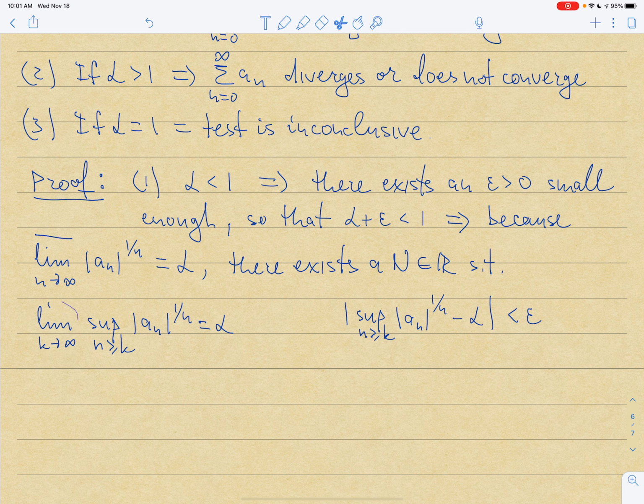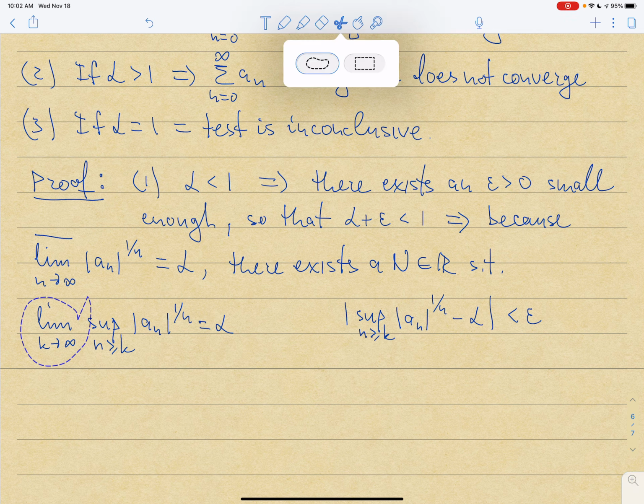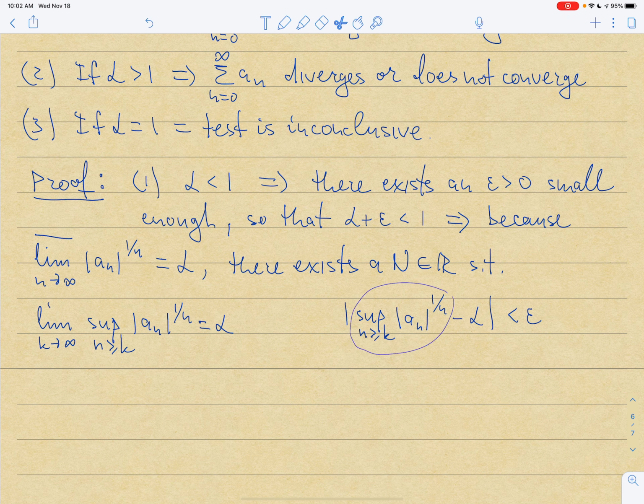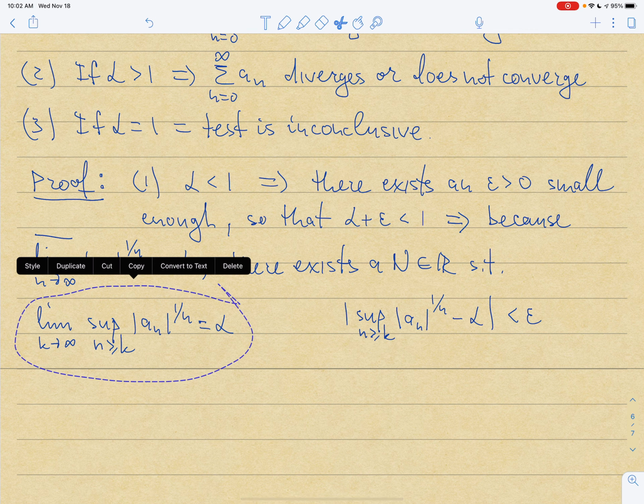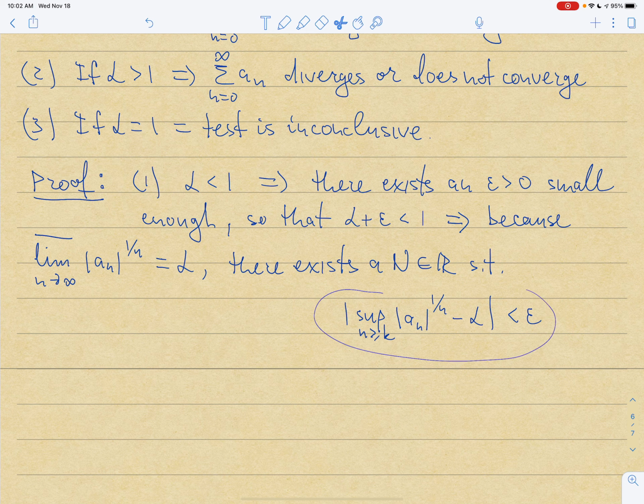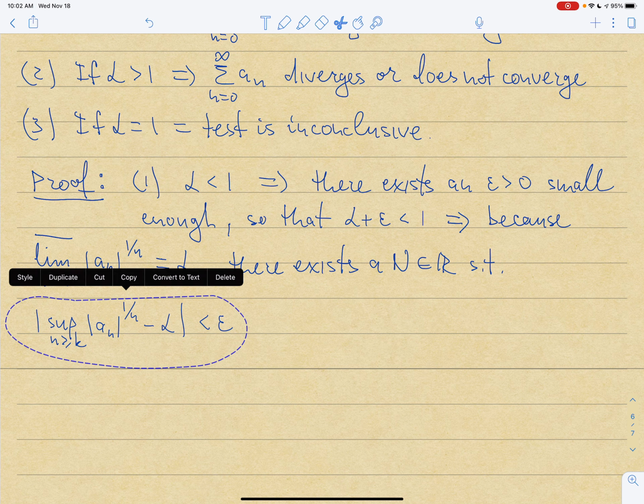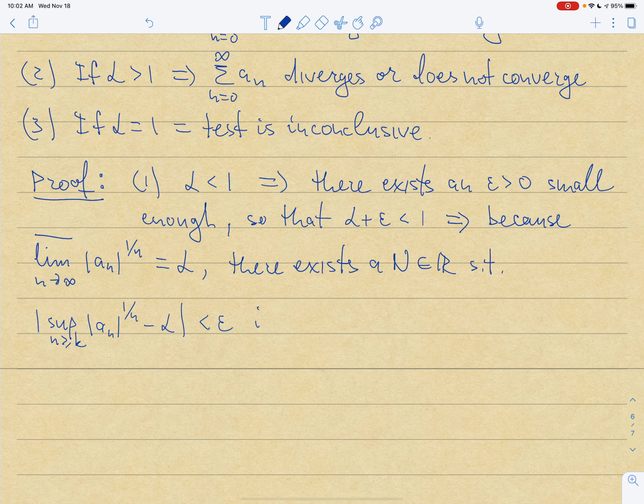Then by definition of the limit, for any epsilon, but in particular for this epsilon that I chose here, there exists a capital N for which the term of my sequence minus alpha must be less than epsilon, right? Again, just the definition of the limit. So this is less than epsilon if k is bigger than capital N.